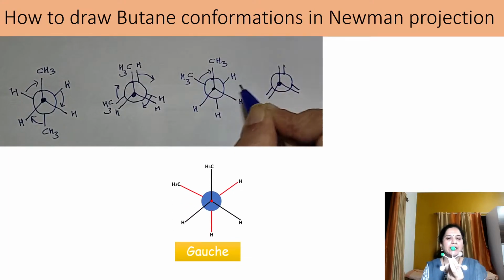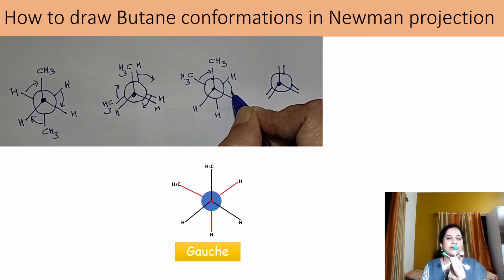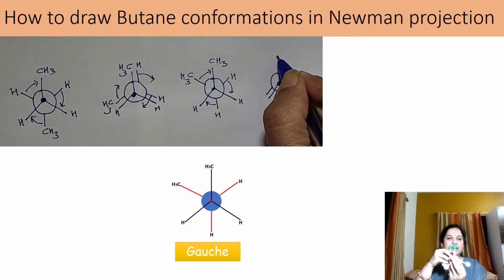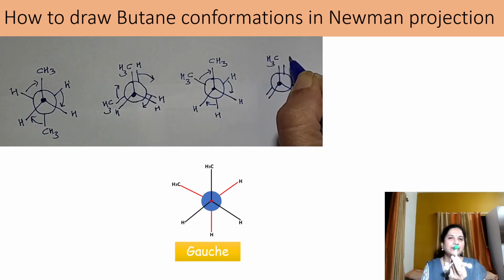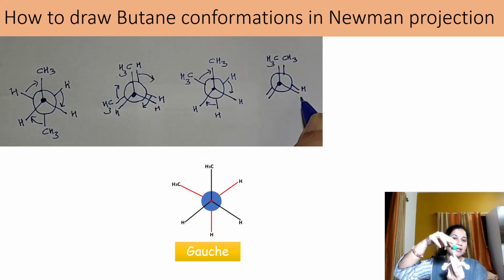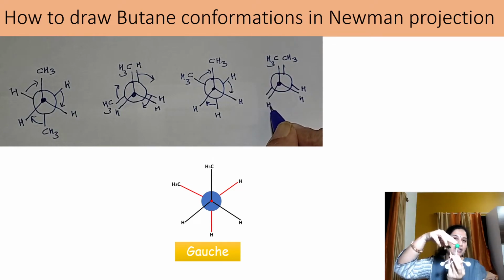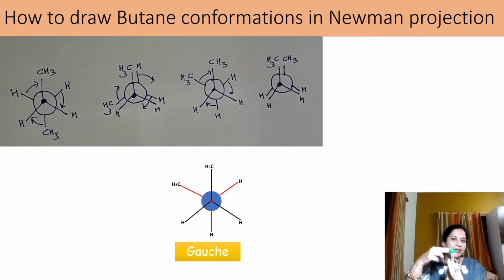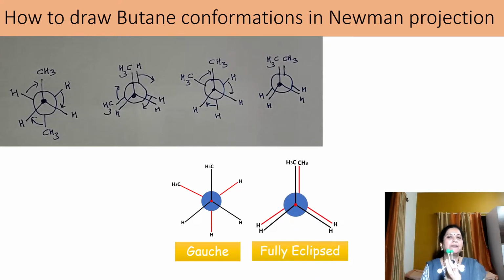So this is called the gauche conformation. If we rotate this again through 60 degrees, I will get a new conformation which is again eclipsed, and as you can see two CH3 groups are exactly behind each other. So this is called the fully eclipsed conformation.